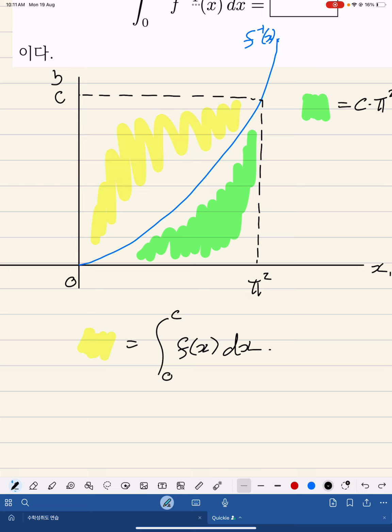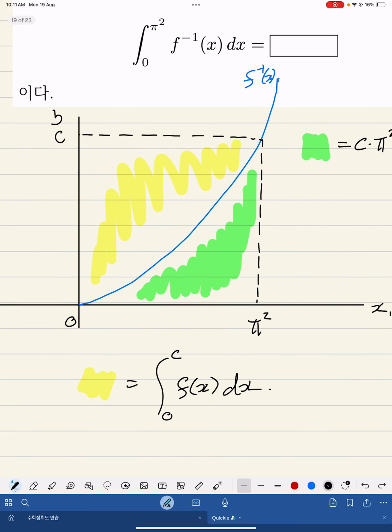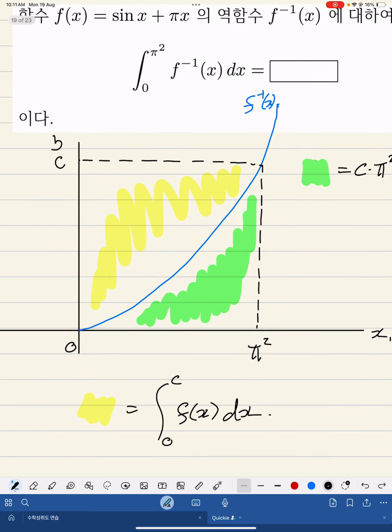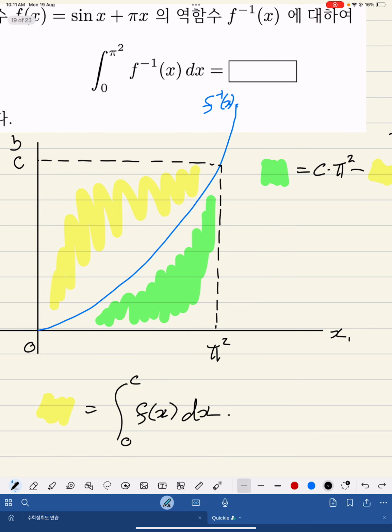So what is this c? Well, asking that is the same thing as, what do you have to input into f of x to get pi squared, right? Because this coordinate over here on the f inverse of x is (pi squared, c), right?